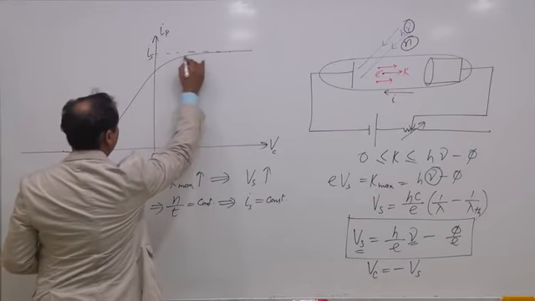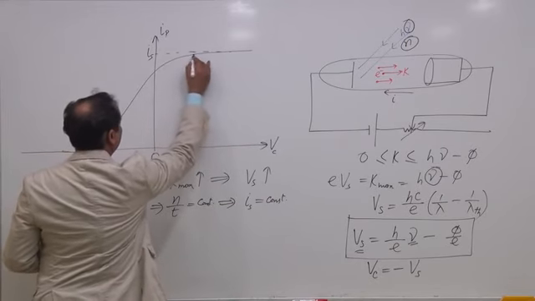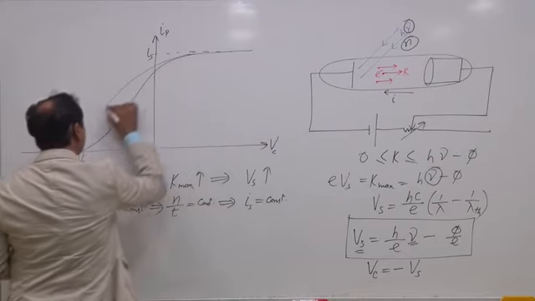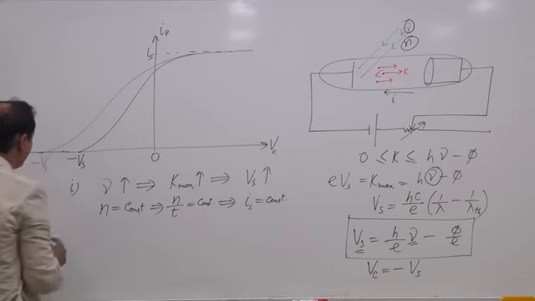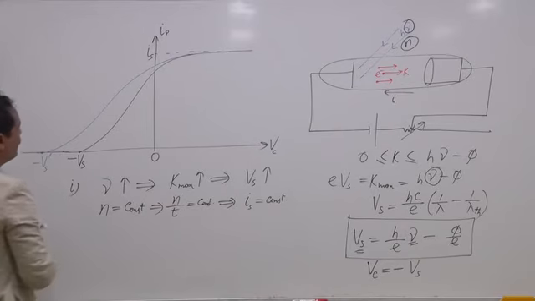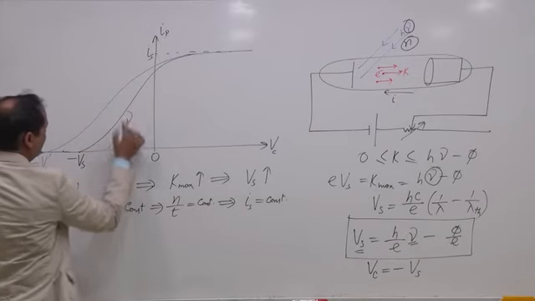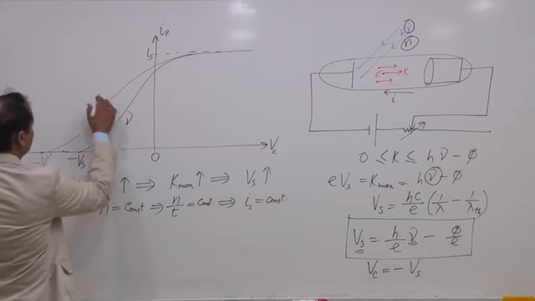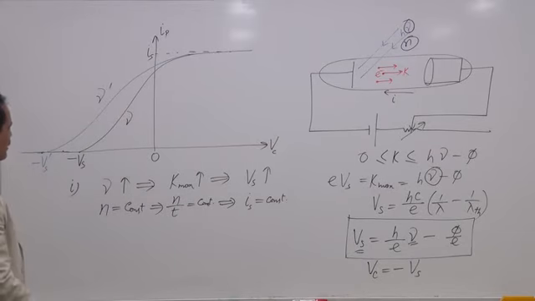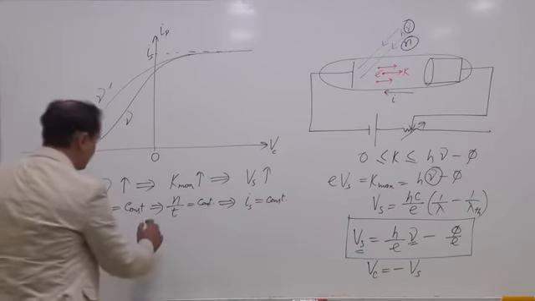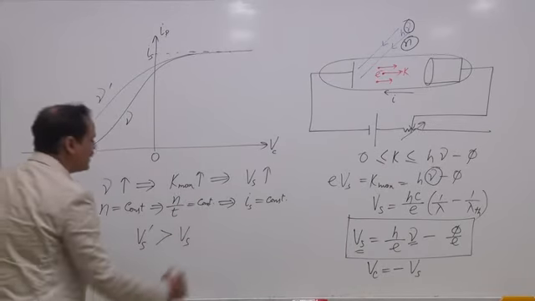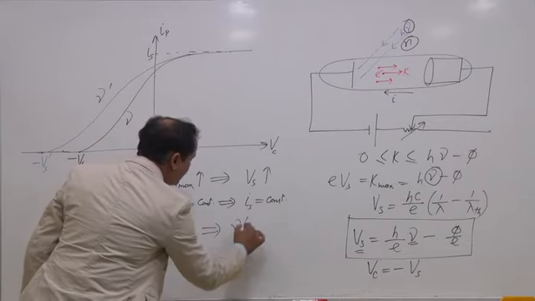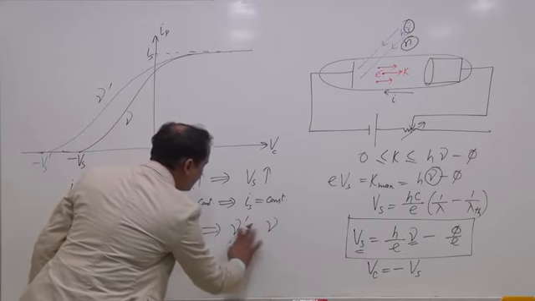So, the variation in graph will be like this. This is minus Vs dash. If this is the graph for frequency nu, this is the graph for frequency nu dash, as we can see, the magnitude Vs dash is greater than Vs. This implies nu dash is greater than nu.